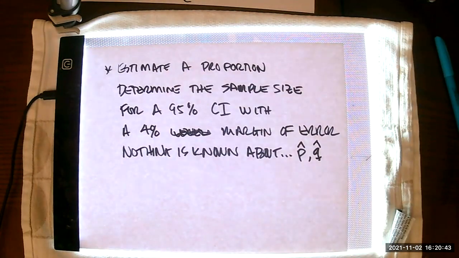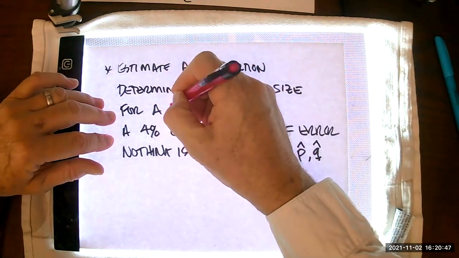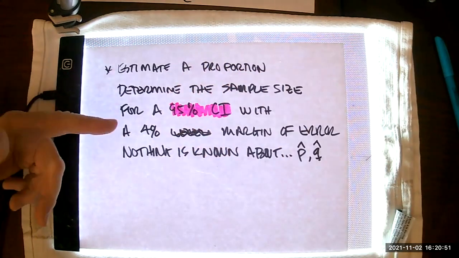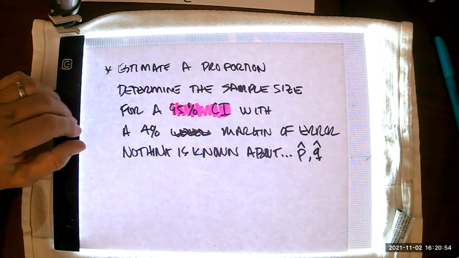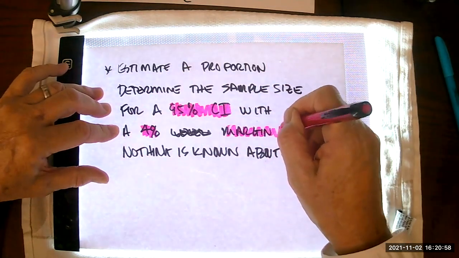It's really pretty much a straightforward process. As I say, they've got to tell you some very basic detail. They have to tell you the level of confidence you're going to need. That's a 95% level of confidence. And they also need to tell you your margin of error.